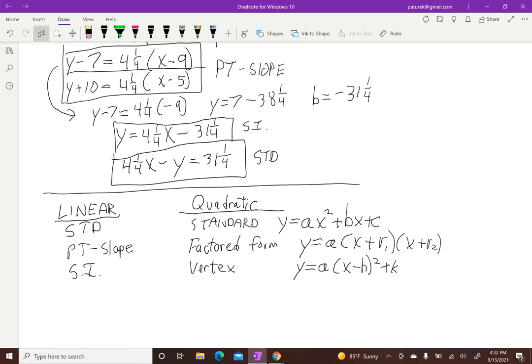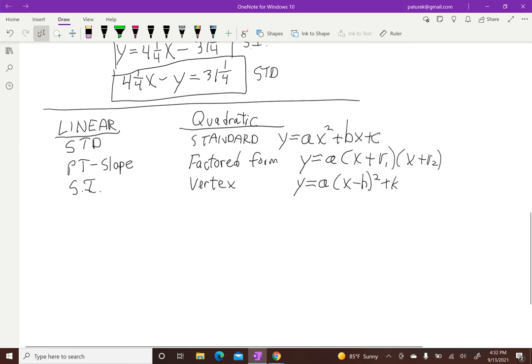R1 and R2 are the 2 roots of this parabola, and ax squared plus bx plus c are the coefficients in standard form. We're going to be practicing this over and over this month.